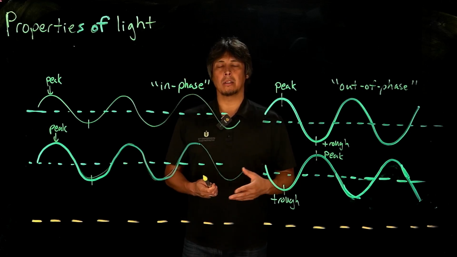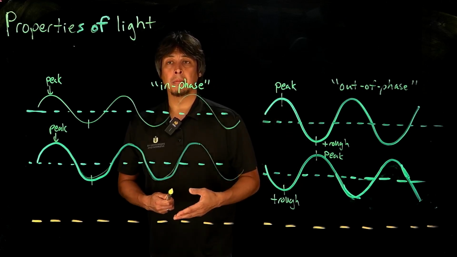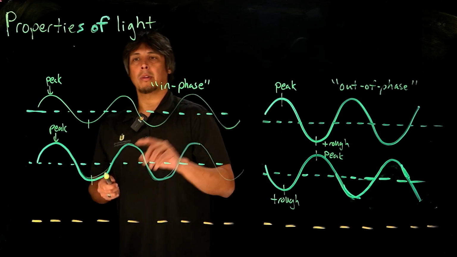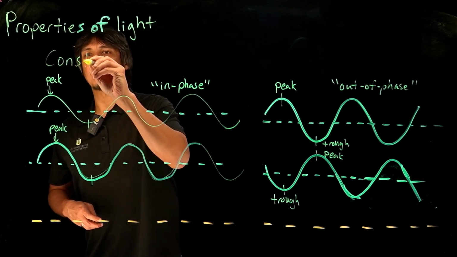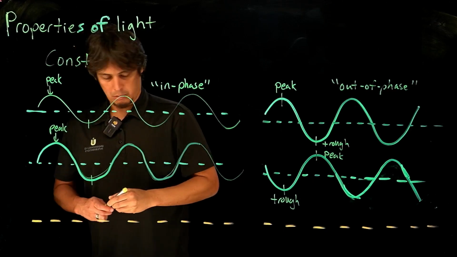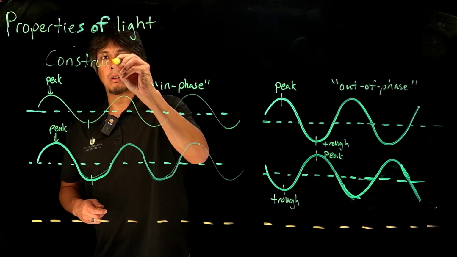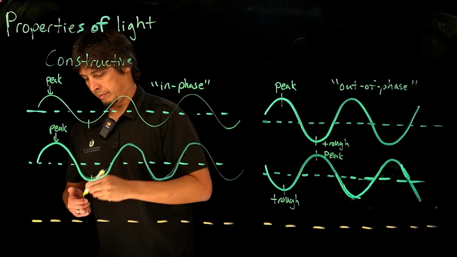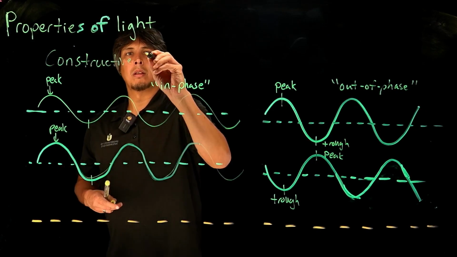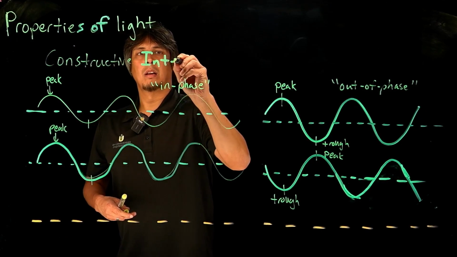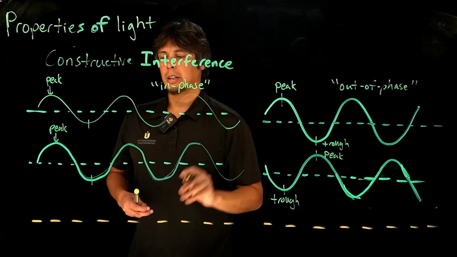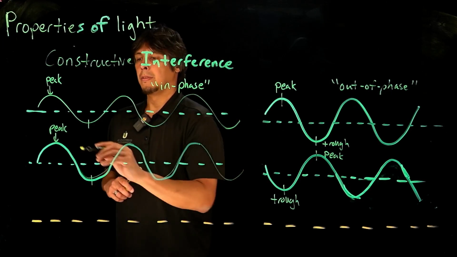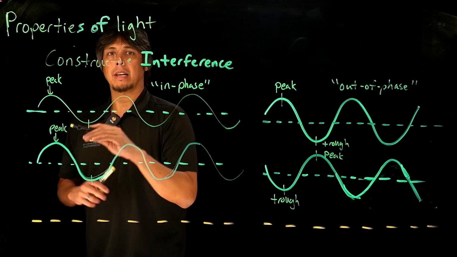The two waves would interact. In this case, because the waves are in phase, we would have what's called constructive interference. In constructive interference, the amplitudes add.